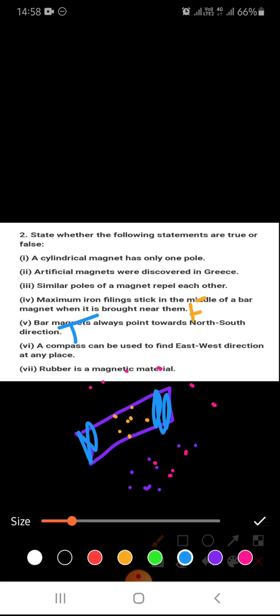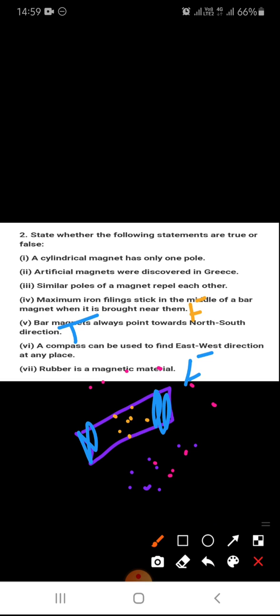Can we use a compass to find east and west direction? Yes, we can, because by getting the north direction we can easily find east and west direction also. Next, rubber is a magnetic material. True or false? It is false. Rubber is not a magnetic material. It is a non-magnetic material.